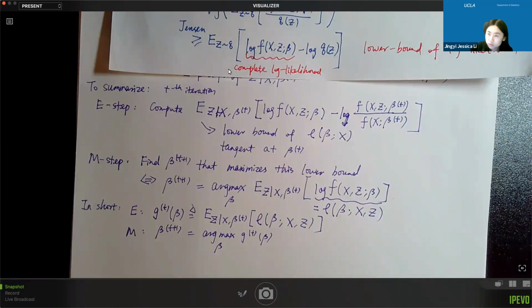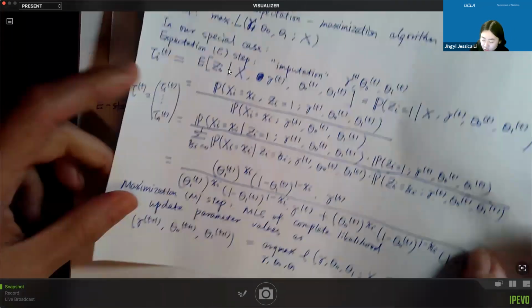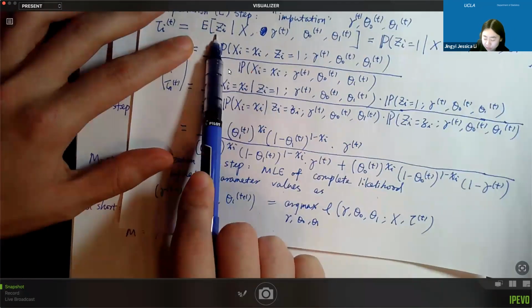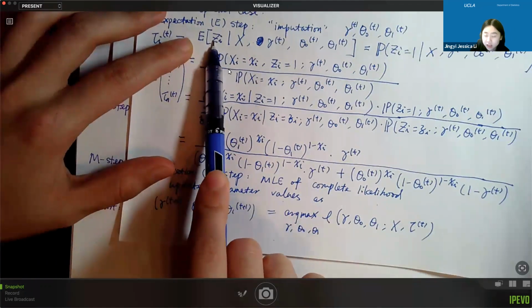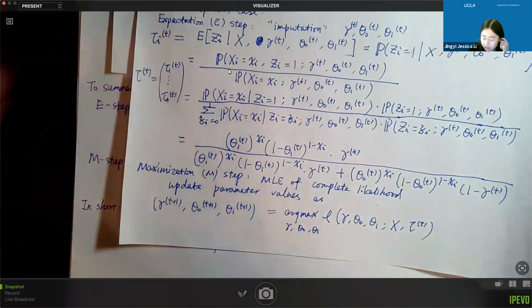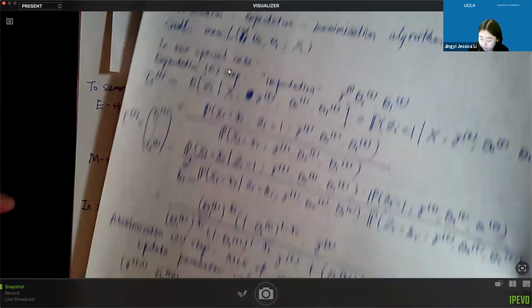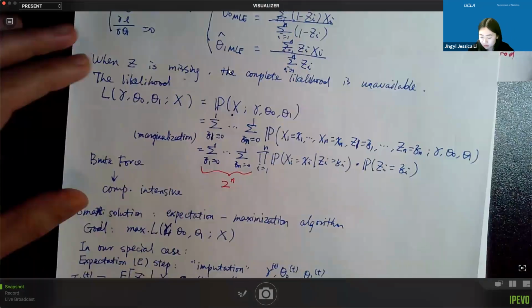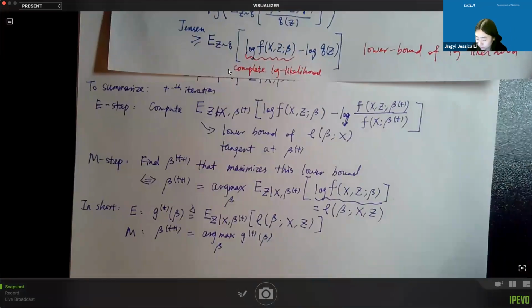And why, in the previous example, do we only need to compute the expectation of Z i instead of the complete log likelihood? The reason is here. You look at the complete log likelihood. Let me put that page here.